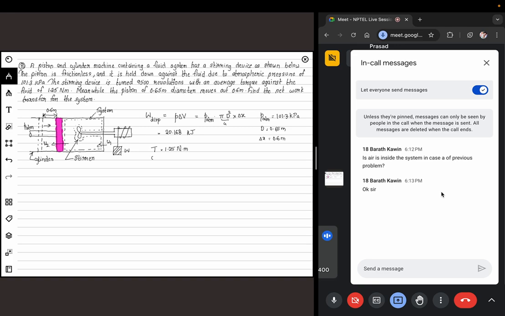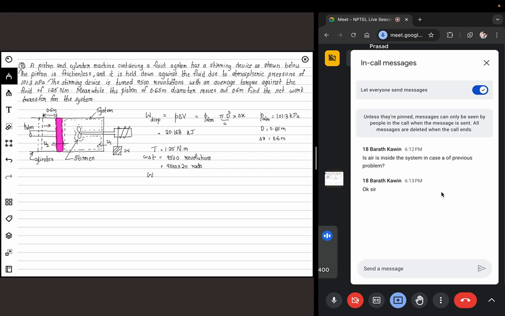and then my omega is 9500. This is not omega, essentially omega times delta t is 9500 revolutions. One revolution is 2 pi, so this will be 9500 times 2 pi radians.